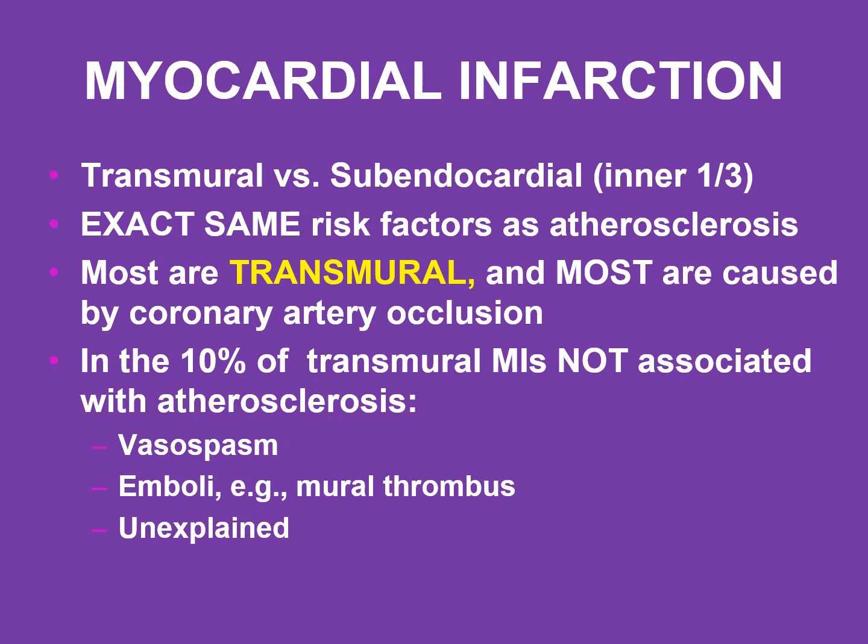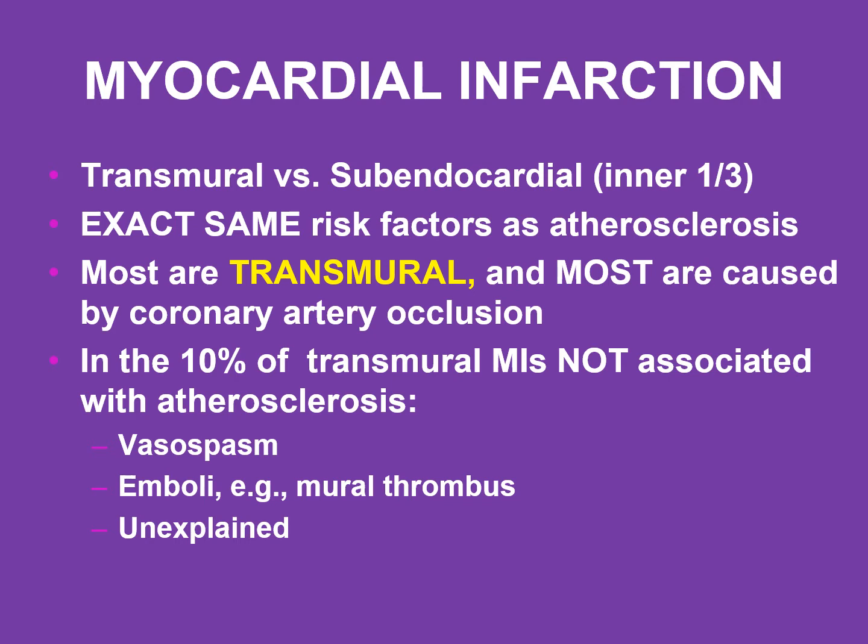So we have two types of myocardial infarction. We have transmural or subendocardial, meaning the inner one-third only. They have exactly similar risk factors as atherosclerosis. But most of the myocardial infarctions are actually transmural, and most are caused by coronary artery occlusions.